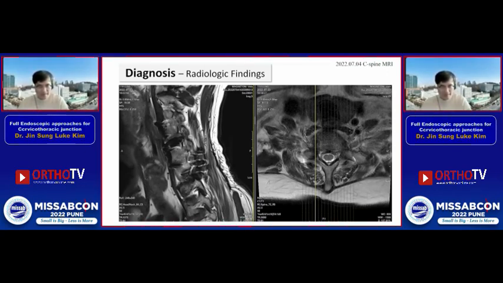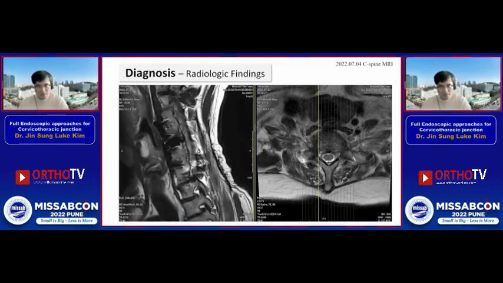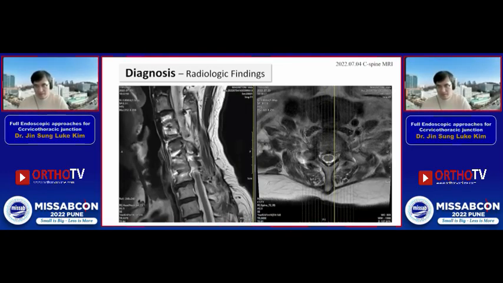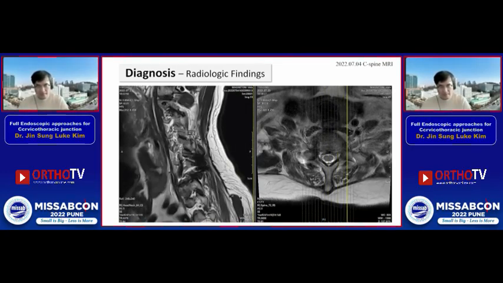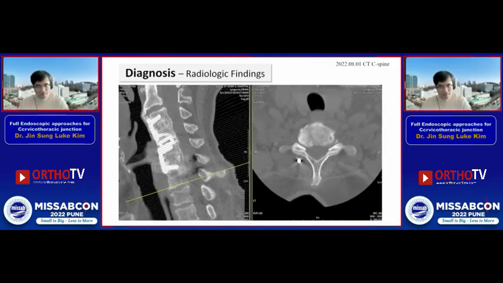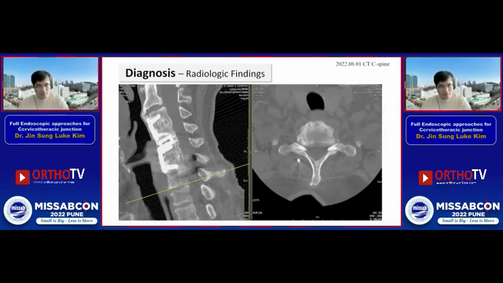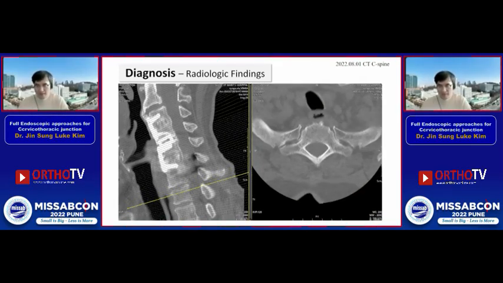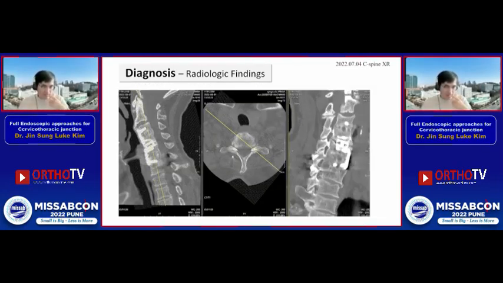But on MRI you see the foraminal narrowing at the CT junction as well. No obvious central stenosis, only left side symptoms there. So on CT scan, both osseous foraminal stenosis there. So it's quite a challenging case.